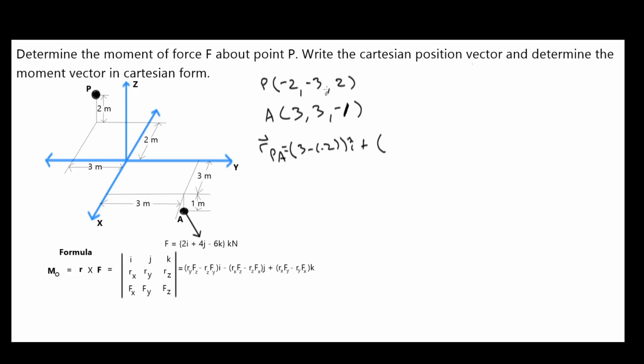Plus 3 minus a negative 3 here. And then for our last k value, it'll be negative 1 minus 2.